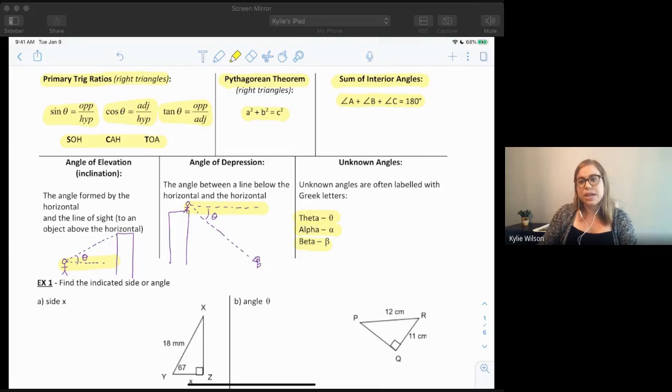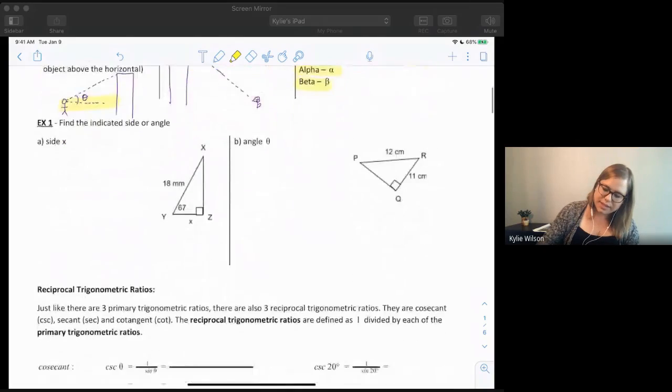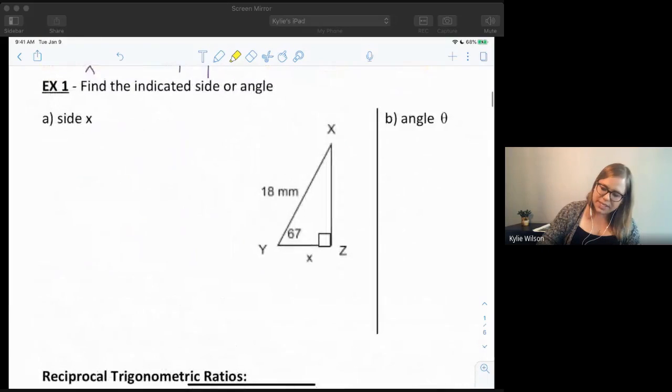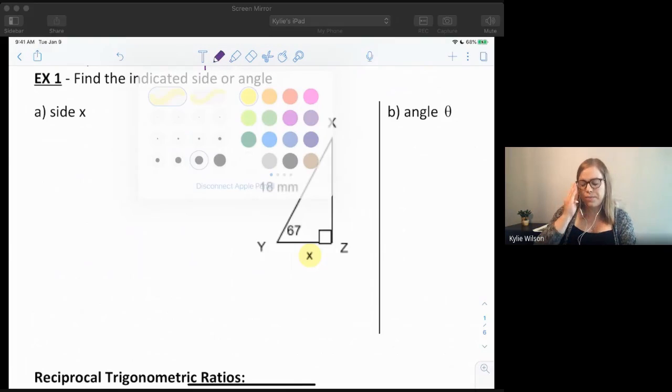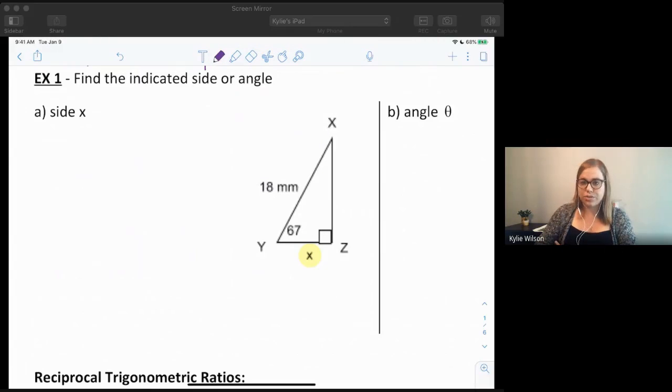Okay, let's do a couple of review examples. The first one here, we're going to find the side or indicated angle. For our first one, we're looking for side X right here. The first thing I always do is notice that it's a right-angled triangle.